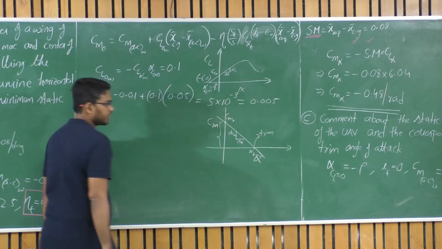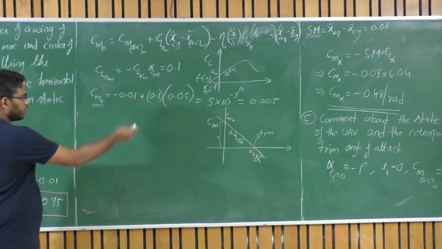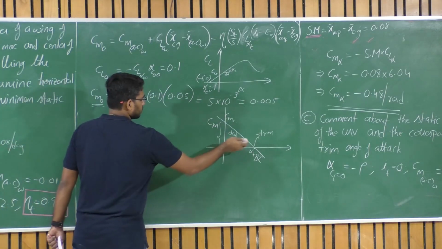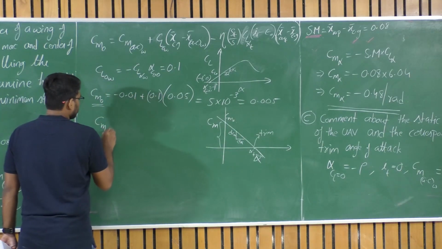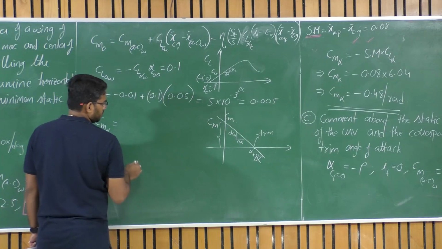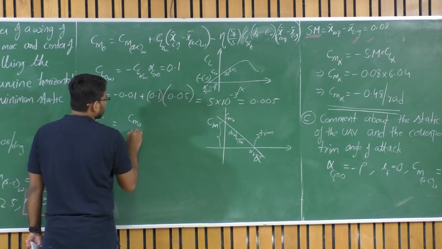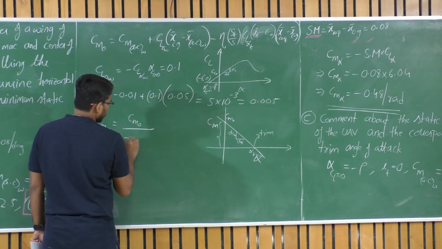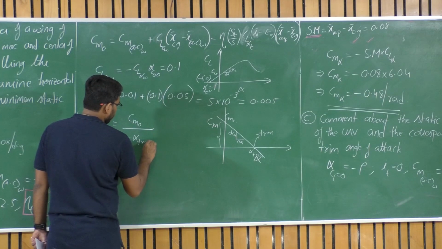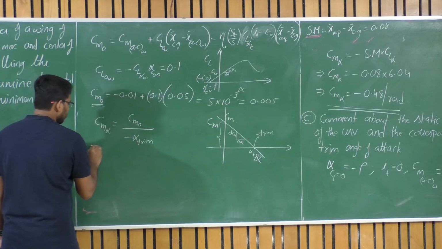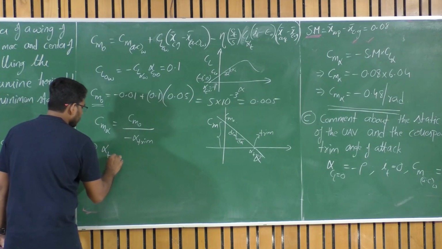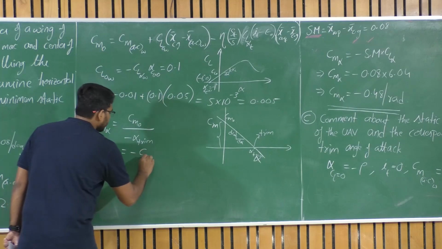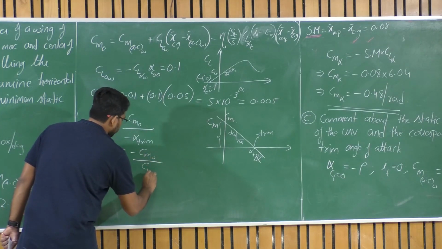So can we find alpha trim? From the definition of slope, CM alpha is equal to CM naught minus 0 upon 0 minus alpha trim. This implies alpha trim is equal to minus CM naught upon CM alpha.